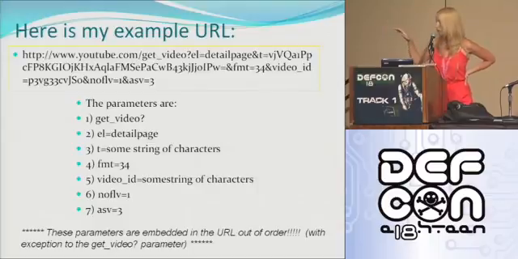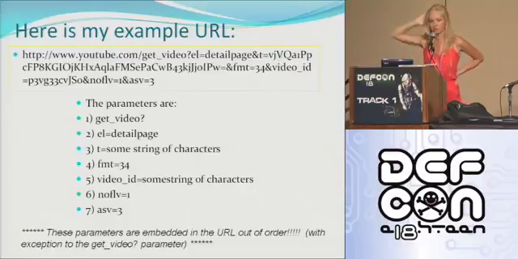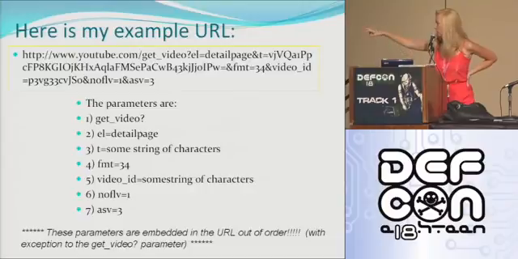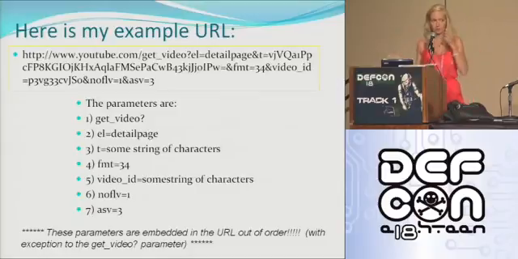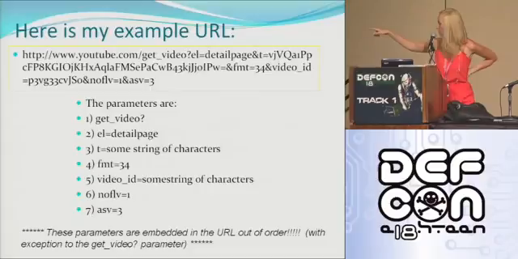There's get_video, and then there's a detail page, there's T, and some string of characters. It's 43 characters, actually. And then there's the FMT, which has to do with resolution. Then there's the video ID, which is the actual video ID. Then there's no flu and SFV.